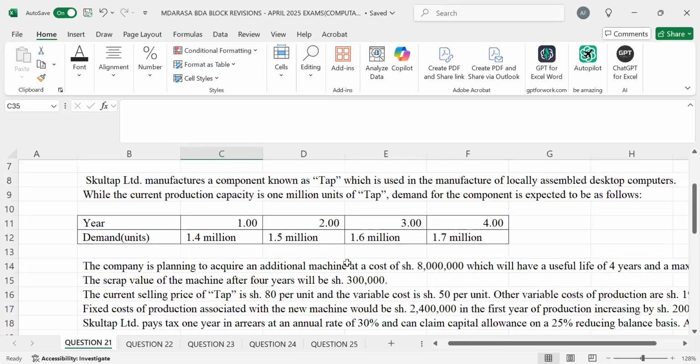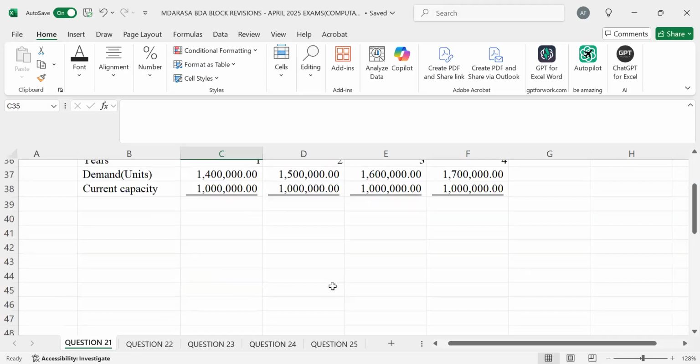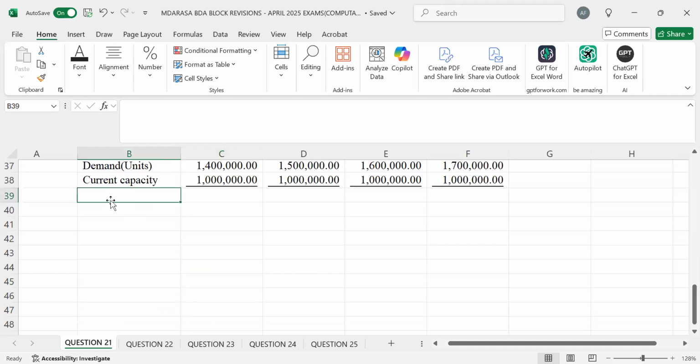If our current production capacity is 1 million and demand is 1.4, then the units that this new machine is expected to bring should be the excess demand over production.